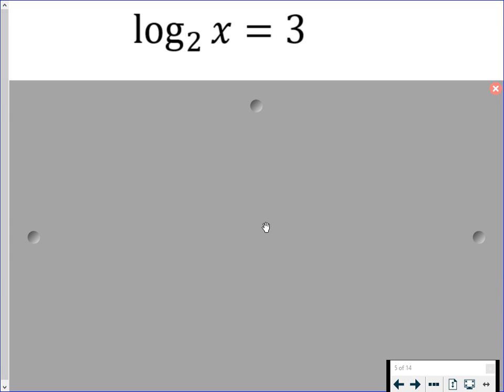Let's go backwards. Now I can't off the top of my head think log base 2 of what power gets me 3, but I can change it and I could definitely figure out what that is.